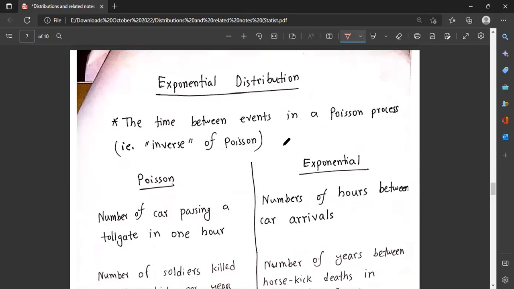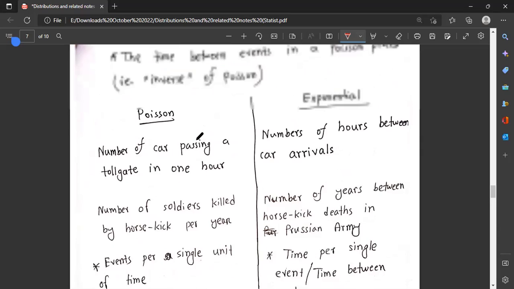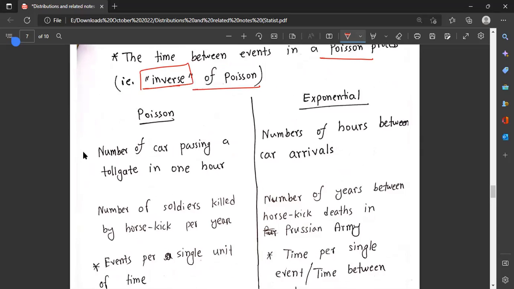And then let's go back to the exponential distribution. The time between events is a Poissonian process. So the exponential distribution is just exponential, e to the power x, right? It's the inverse of the Poisson distribution. So in Poisson distribution, let's say we have the number of cars passing a toll gate in 1 hour, right?